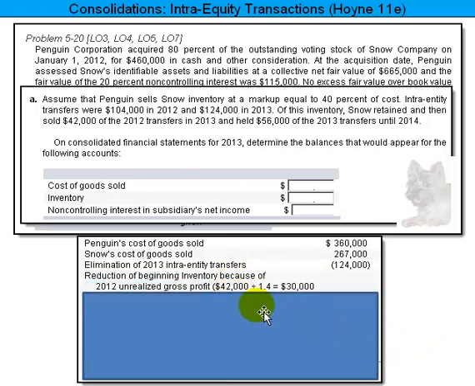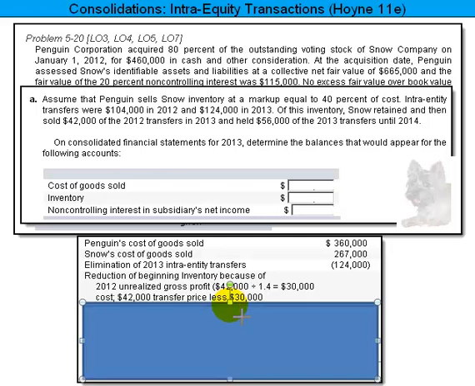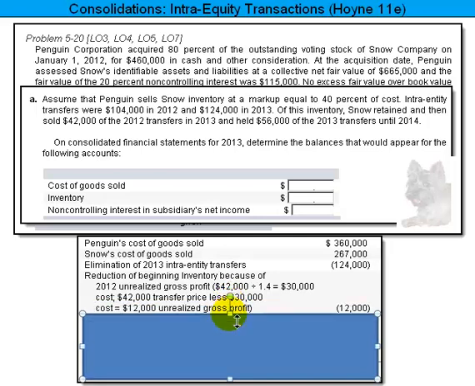So the 42,000 divided by 1.4 will get you the cost. The 30,000 tells you what the cost was, and then the difference between the 42,000 and the 30,000 is the gross profit.